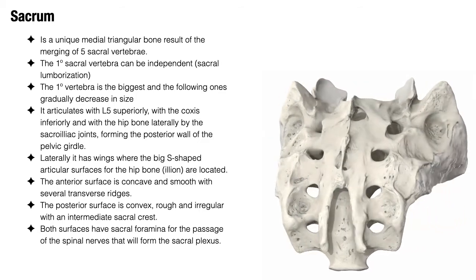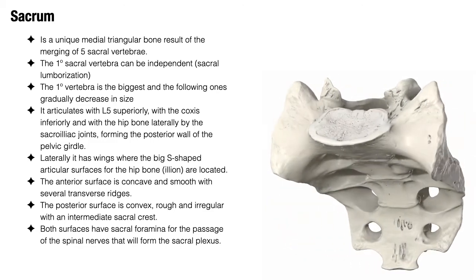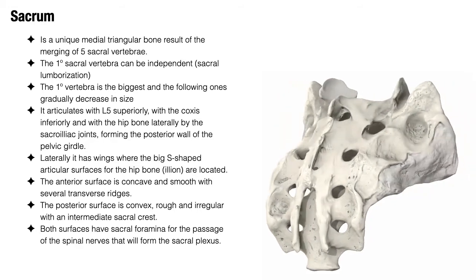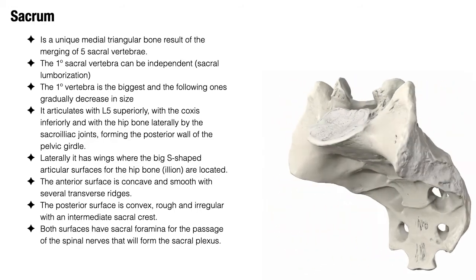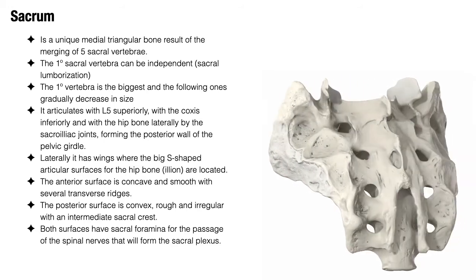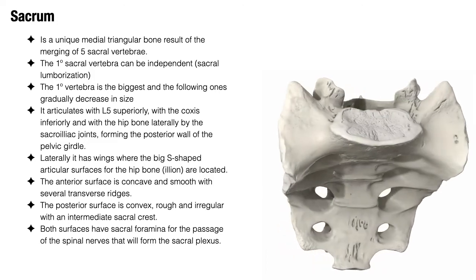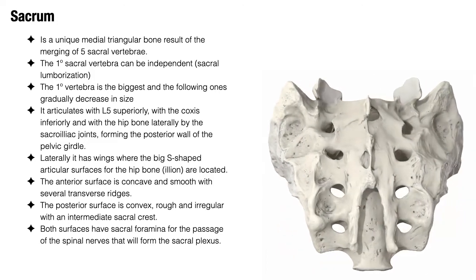Above it articulates with L5 and below with the coccyx. Laterally, it has 2 huge wings with huge L-shaped articular facets for the hip bone, resulting in the very resistant sacroiliac joints that you will learn how to adjust. It's quite common to do it.